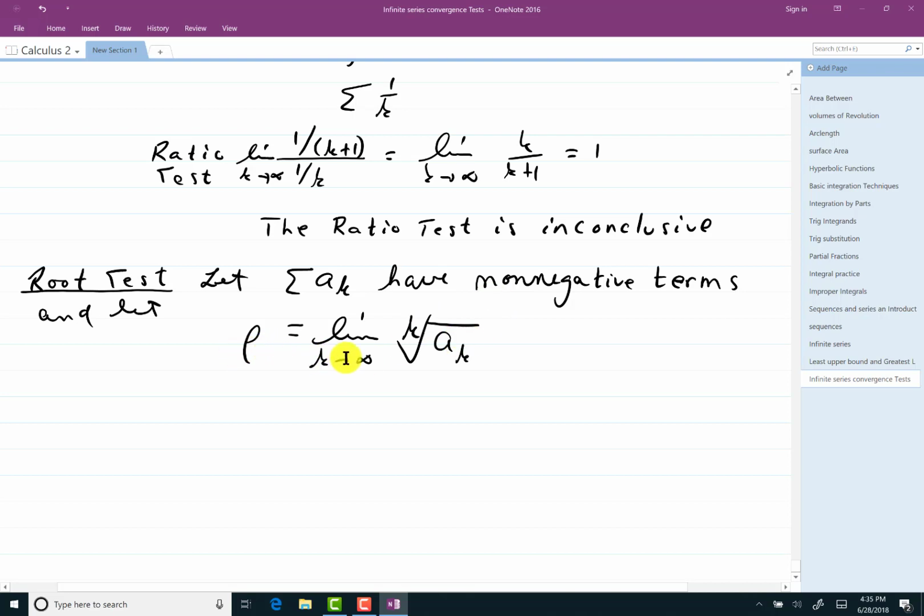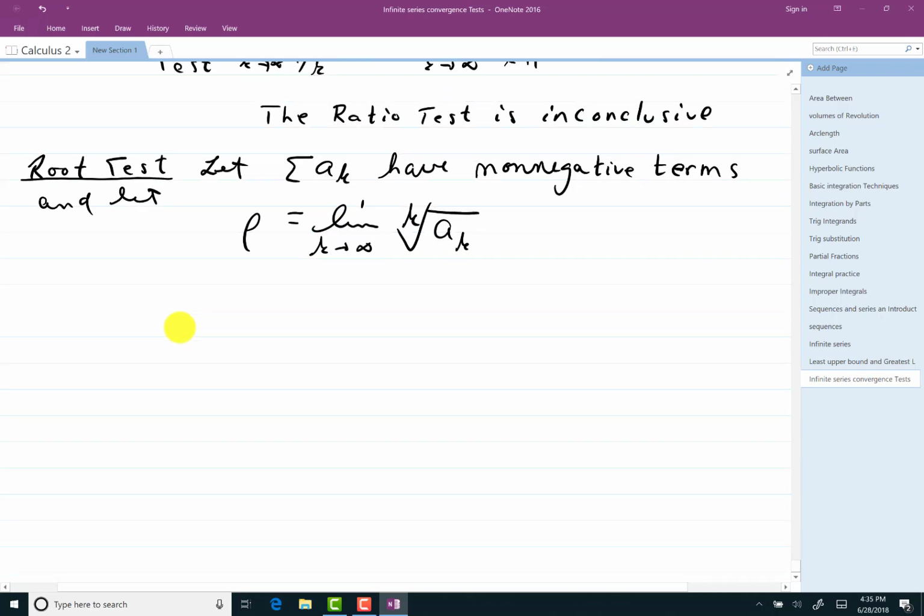Now, this is interesting. This may seem really bad, but you'll find out there will be a certain variety of series that are homemade for this kind of a test. And we have kind of the same things as before. If 0 is less than or equal to rho is less than 1, the series converges.